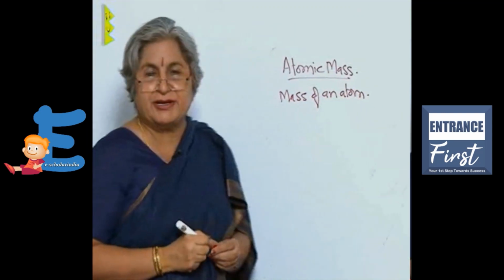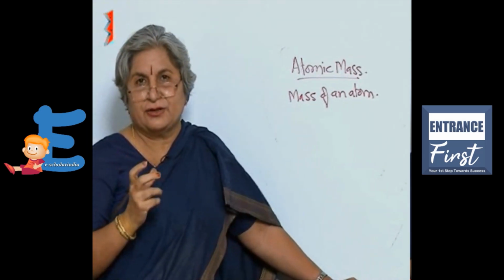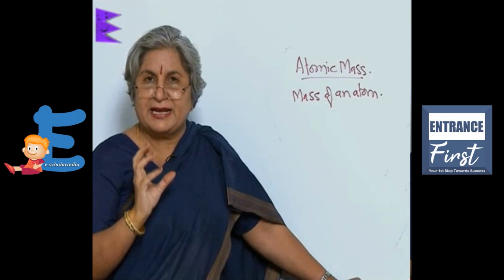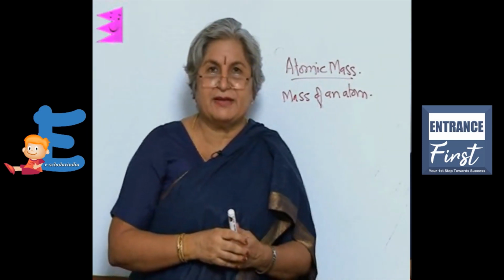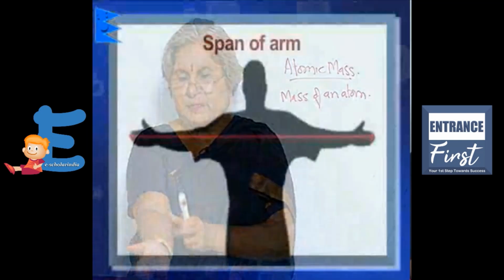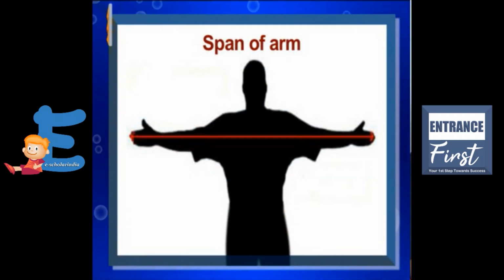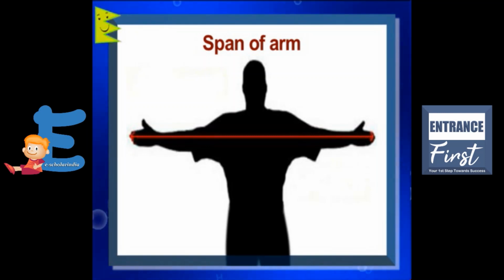Now, how do we measure it? In physics, in measurements and weights, you must have studied that we take a standard weight. In olden times, when there were no standard weights and measurements, how did they measure? By the span of their arm. So, by measuring with the span of the arm, they would say, okay, this thing is 10 spans.